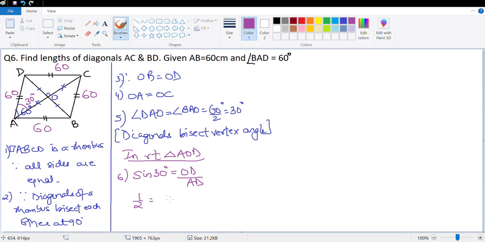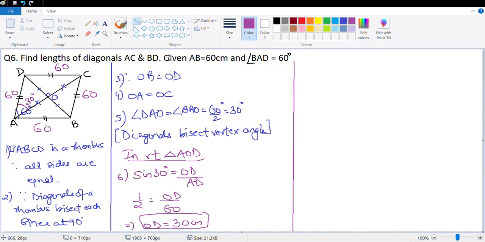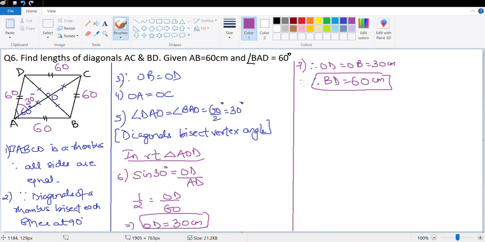So half is equal to OD upon AD, which is 60, which means OD is equal to 30 centimeter. Since OD and OB are equal, OD is equal to OB is equal to 30 centimeter. Therefore BD is equal to 60 centimeter. So one diagonal we figured out.